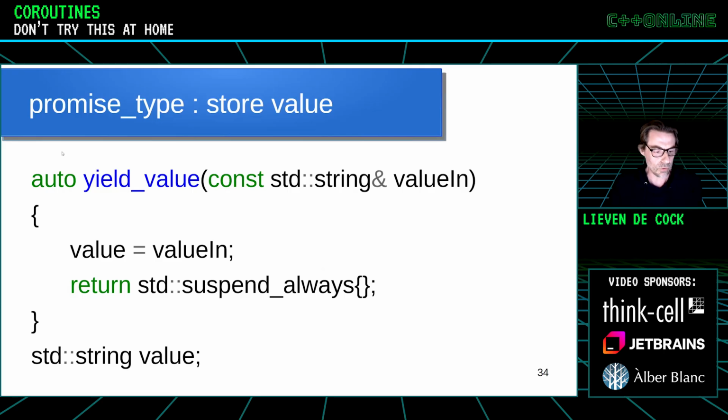You know what? I'm going to store it in a member I called value of type std::string. So my promise type now has one member value. And when the compiler calls yield_value with the value the coroutine has generated, we store it and then we say suspend_always, like we have seen in initial_suspend and final_suspend. Suspend_always. Our goal is to suspend.